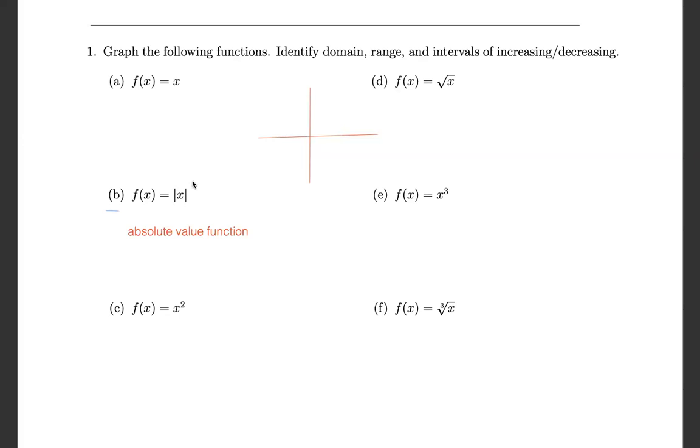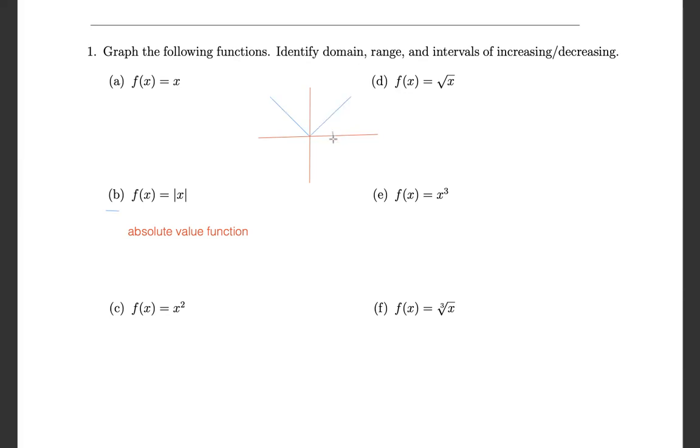And because of the absolute value sign, it changes every negative to positive. So our graph looks like this. It's like a V shape. Every x value gives a y value, and every negative x gives a positive value because of the absolute value sign.